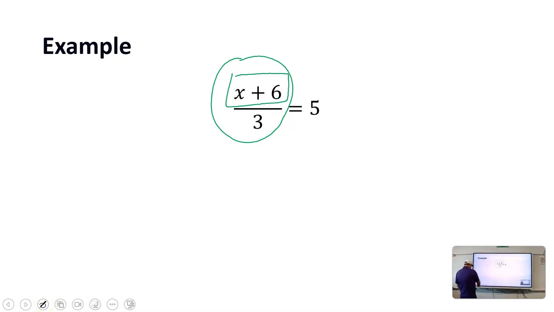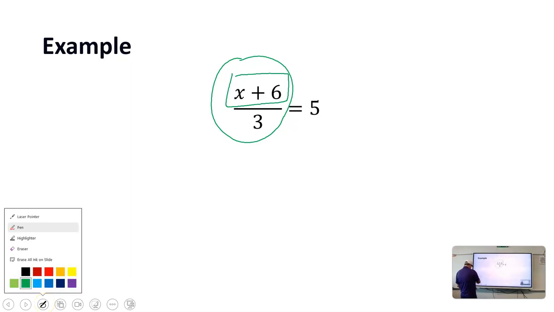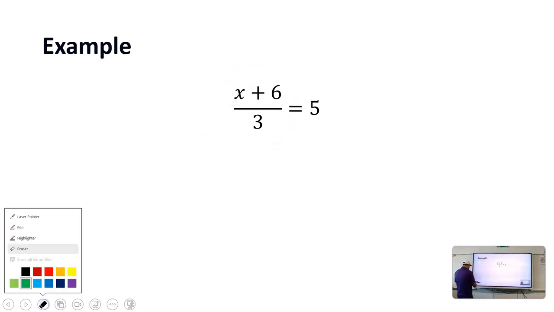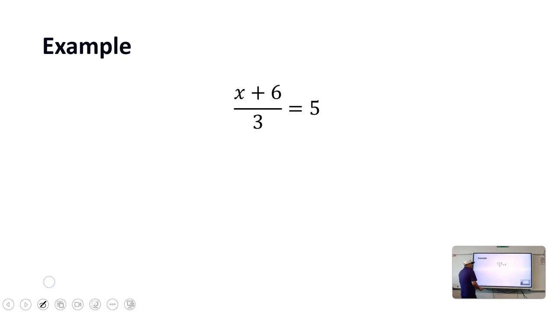So we are first going to do the opposite of division, which is multiplication. So we're going to first multiply both sides by 3 on this one. So remember, if you ever have this inside the numerator of a fraction, we're going to have to multiply first.